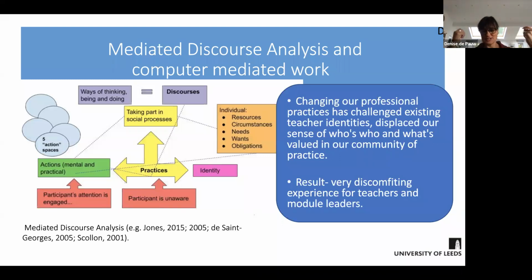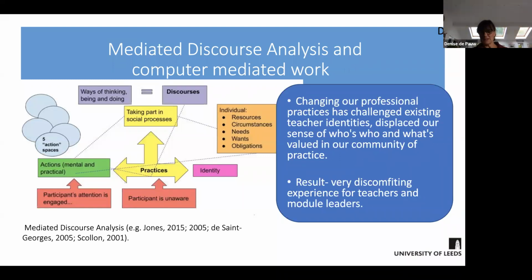What is a good teacher? What is good teaching? What is teaching practice? What is my teaching practice? What's teaching practice in my institution? And this is how we form our identity.